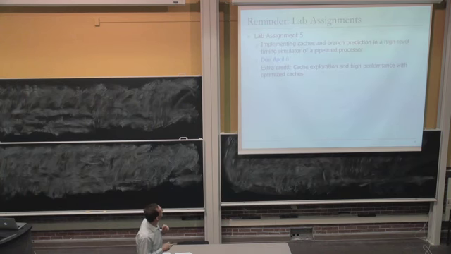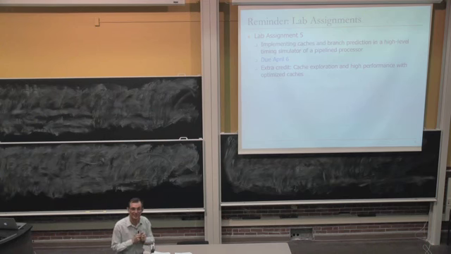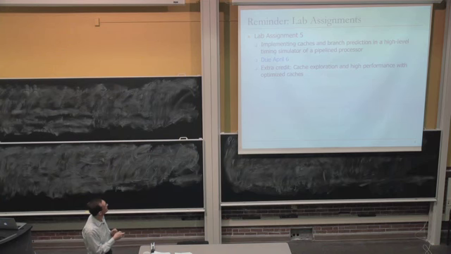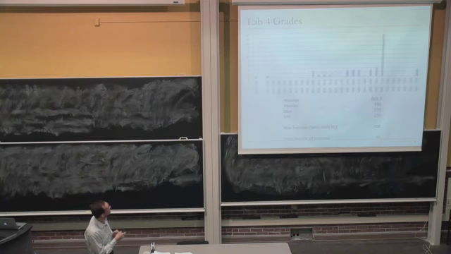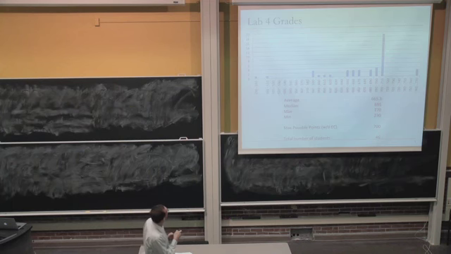Lab assignment, you have a lab assignment due April 6th, and don't forget the extra credit. If you actually explore the cache and provide high performance by different caching policies, you can actually get significant extra credit. And we will see some people got extra credit for lab assignment 4. That's why those people are here versus somewhere else. This is the lab 4 grades.